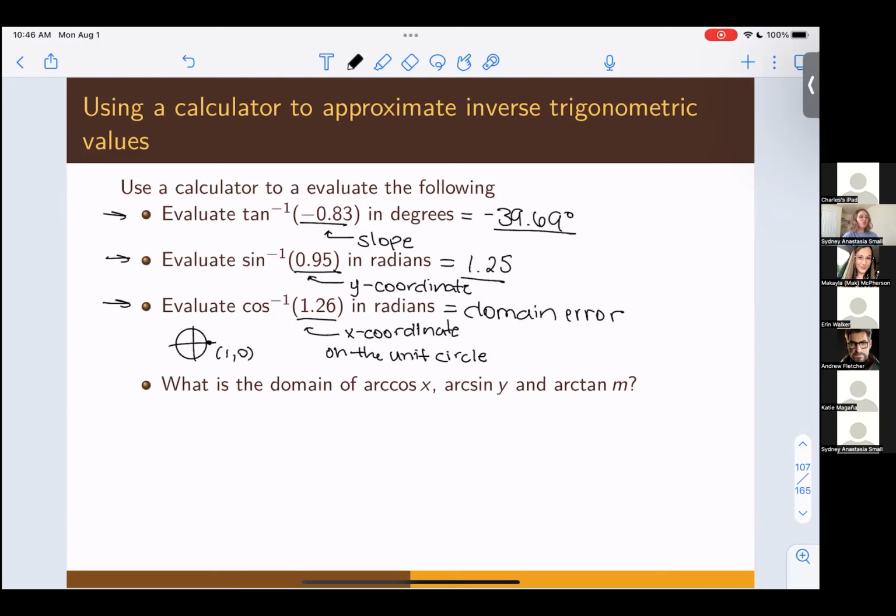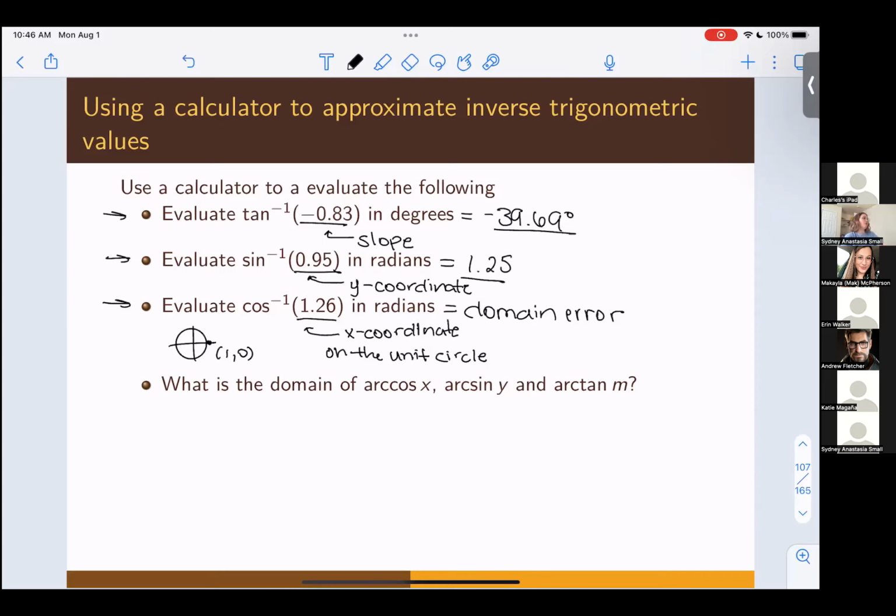So if you remember, values of sine and cosine will never be greater than 1. So of course that trying to put that into the inverse cosine function gave us an error because there is no angle theta whose cosine is 1.26. It doesn't exist. Your calculator will not be able to do it. It cannot take values greater than 1. So that will always return an error.